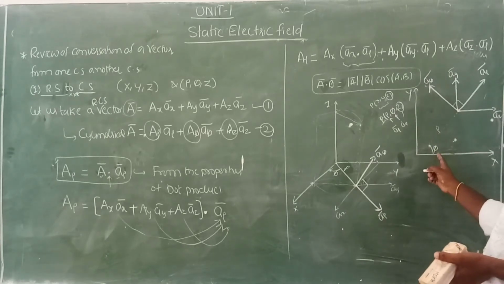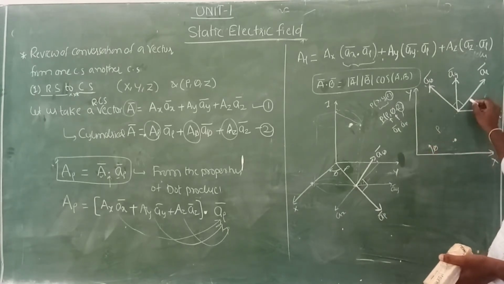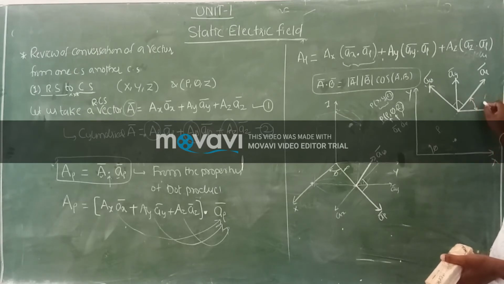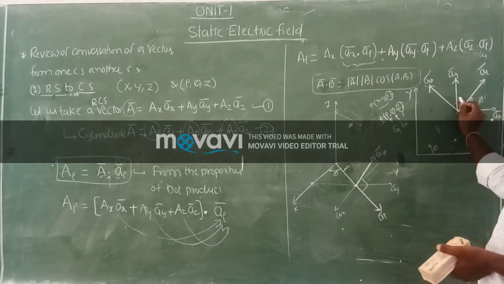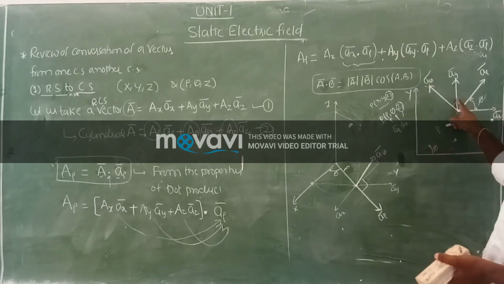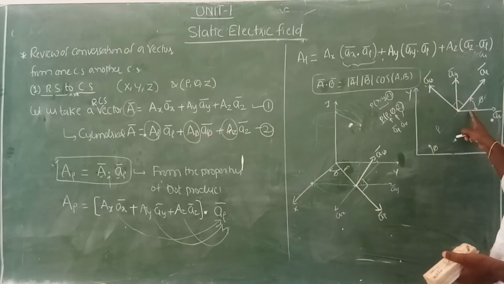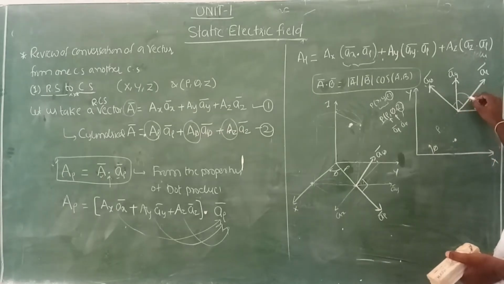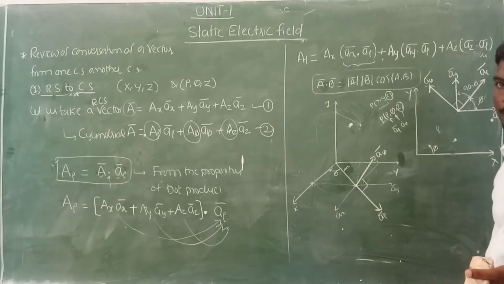As the angle between Ax and A rho is phi, the angle between Ax bar and A phi bar is 90 degrees. If you subtract phi from this 90 degrees, you will get this angle. This is your 90 minus phi.